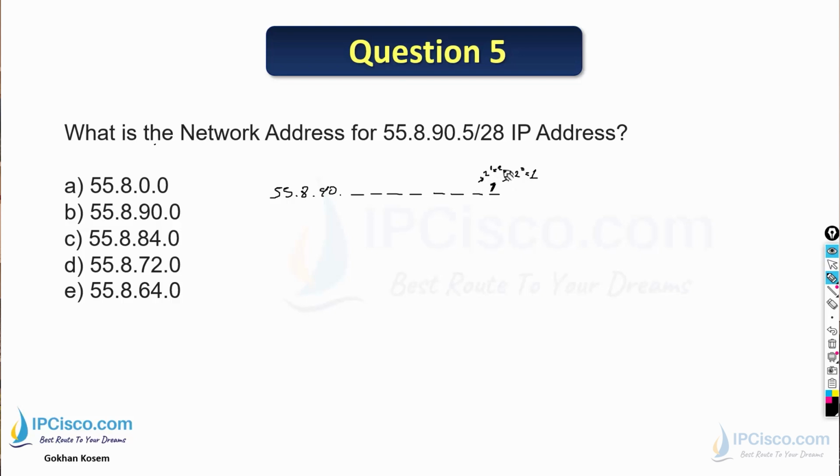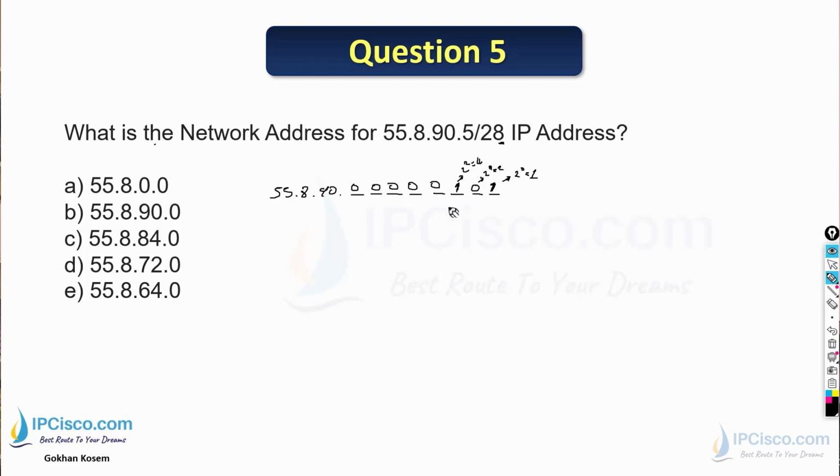This is 2 to the 1, which is 2, but it is not for us. But here 2 to the 2 is 4, so I will write 1 here. To reach 5, we are doing some tricks. So all the other parts will be 0.